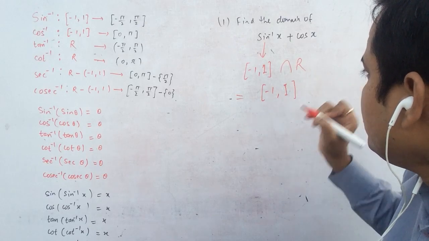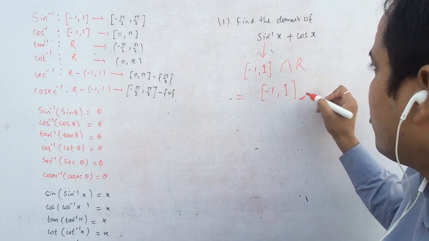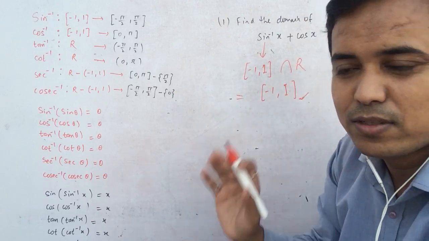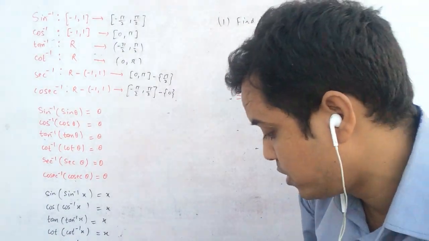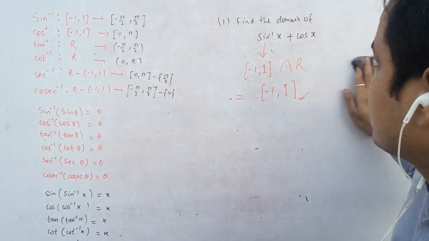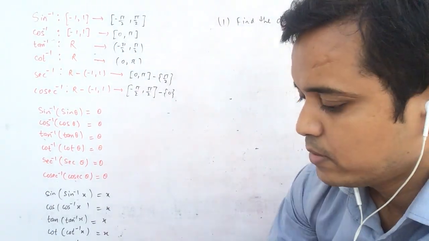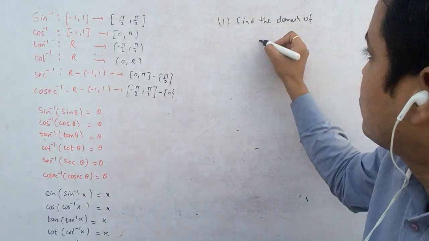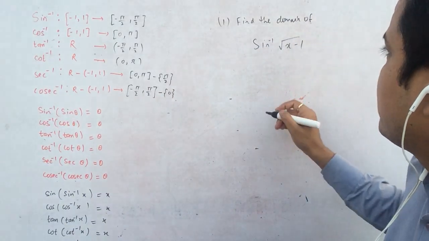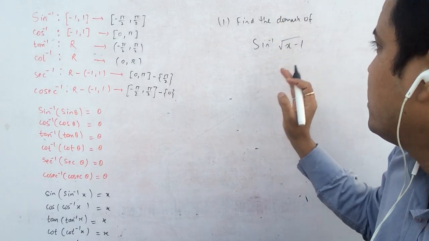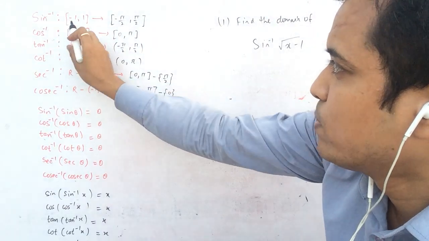You have studied the concept of how you can solve the question in class 11th. So now move to another question. Find the domain of sine inverse root x minus 1. Again, you need to find the domain, and the domain of sine inverse is [-1, 1].